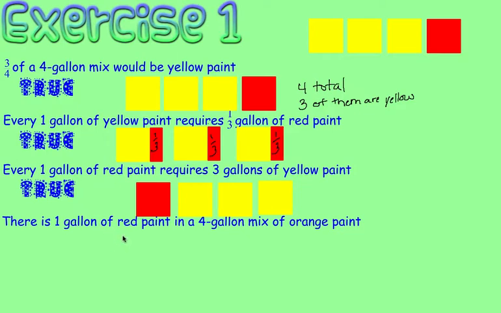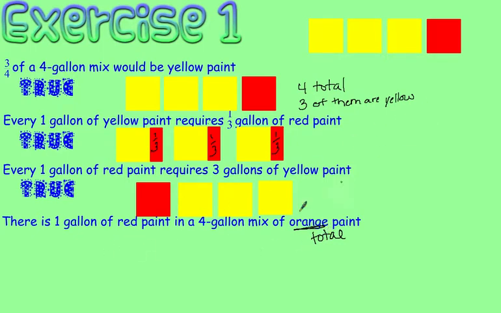Now we want to know if there is 1 gallon of red paint in a 4-gallon mix of orange paint. Okay, so to have a 4-gallon mix of orange paint, that means once I get orange paint, that orange paint is my total. Because once I mix my yellow and my red, it creates orange.